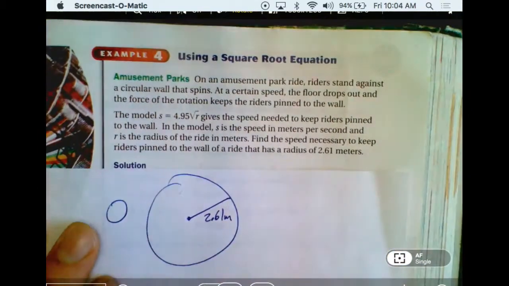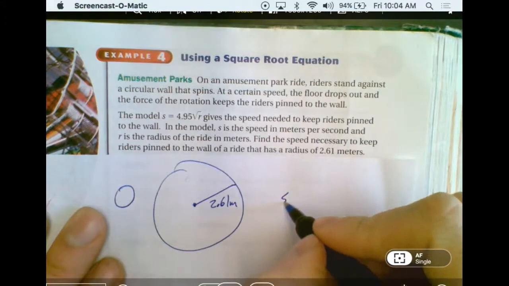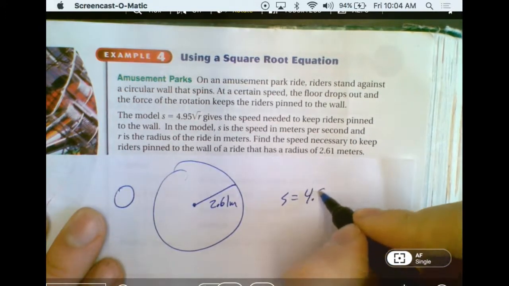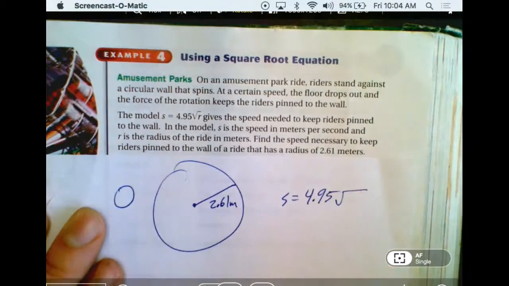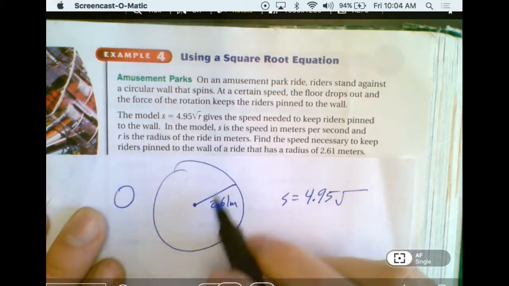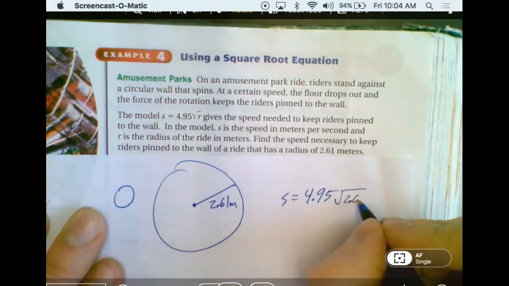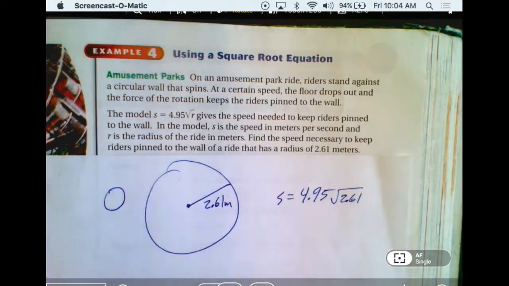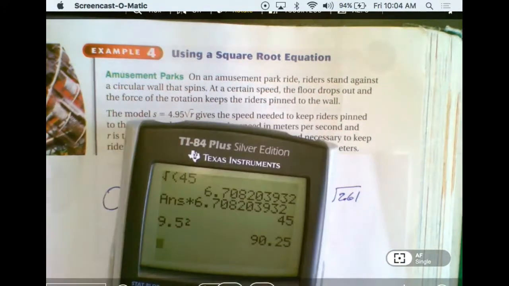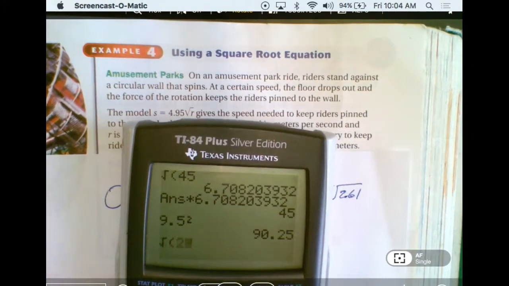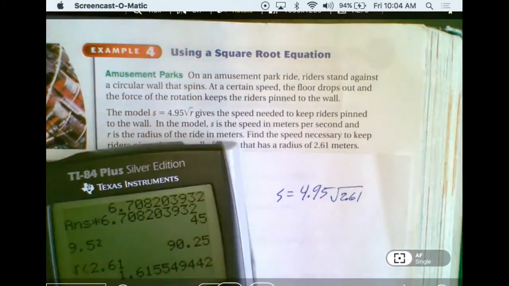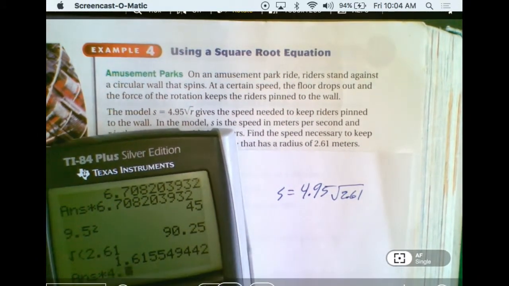All right. So radius, 2.61 meters. All you have to do is use this formula, 4.95 times the square root of r, and we know r is 2.61. So just solve that out now. Square root 2.61, enter. And then I'm going to do times 4.95.